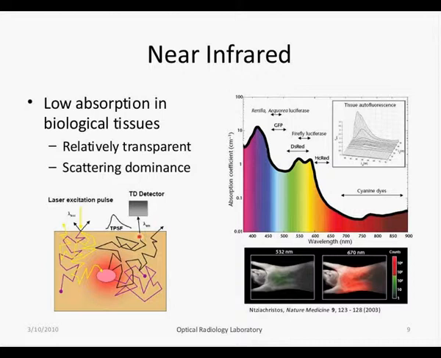And here, as an example, we have a laser excitation pulse at the surface of some tissue, and these lines demonstrate the random walk pathway of the photons, and these are just examples of scattering within the tissue until it finally reaches your target, and that target fluorescence occurs isotropically in general, and then eventually some of the photons make their way back up to the surface and are detected.